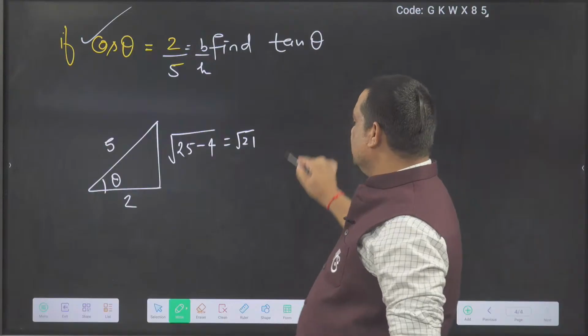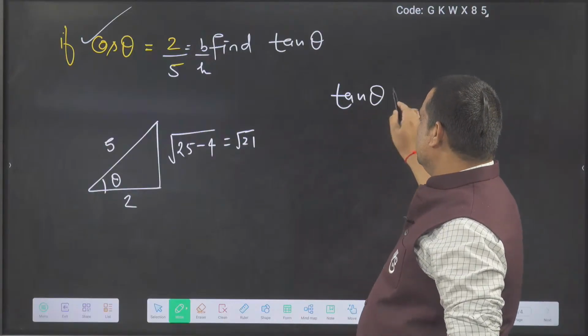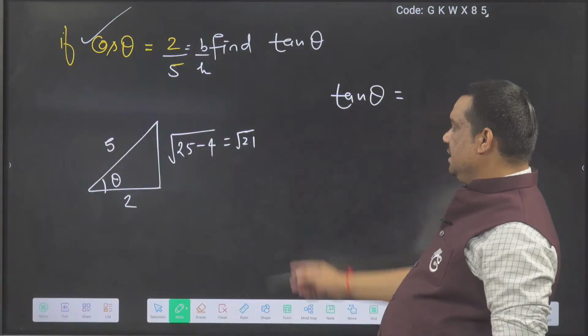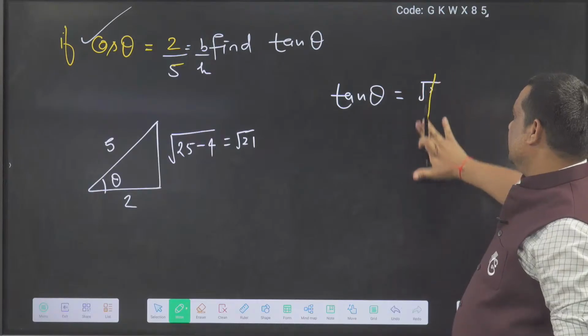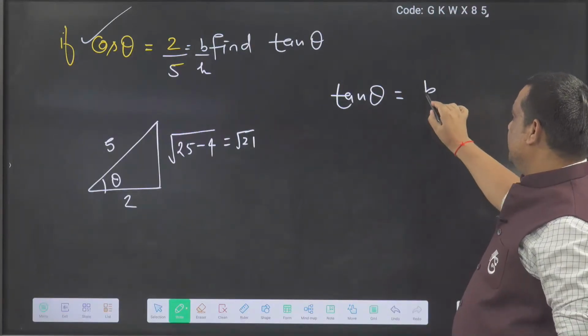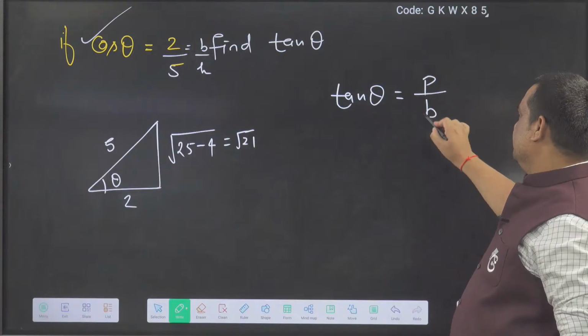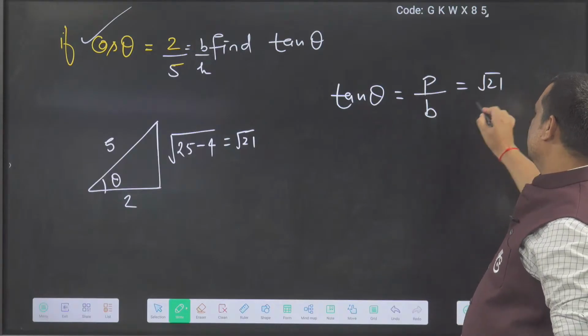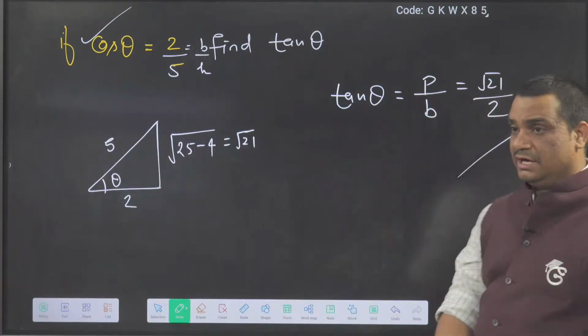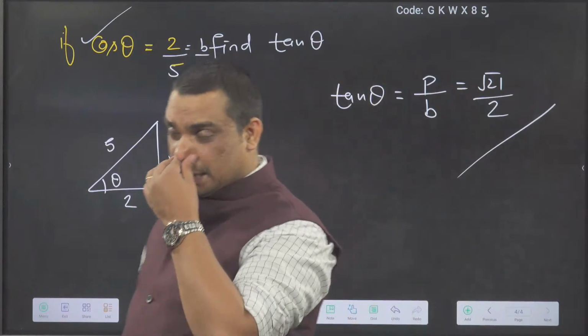Now we can figure out tan theta easily. Tan theta will be root 21 over 2, that is perpendicular by base, P by B. That becomes root 21/2. I think all are correct here.